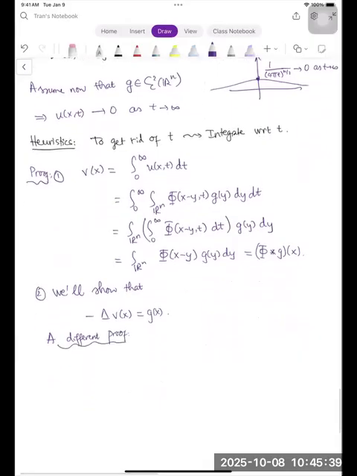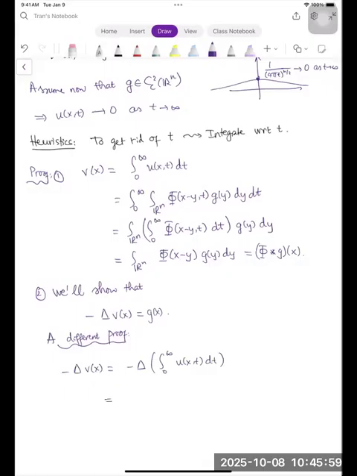How do we do it? Well, we just compute. We have the formula for v, and we plug in: minus Laplacian of v of x equals minus Laplacian of this integral of u of x,t dt. This is an integral with respect to t, so we can put the Laplacian inside.